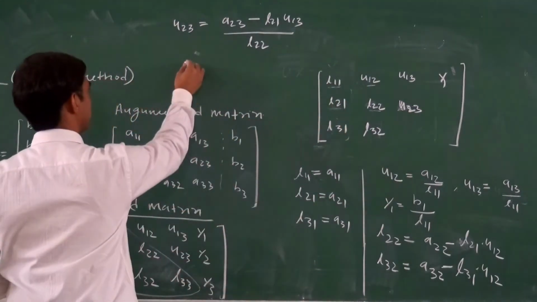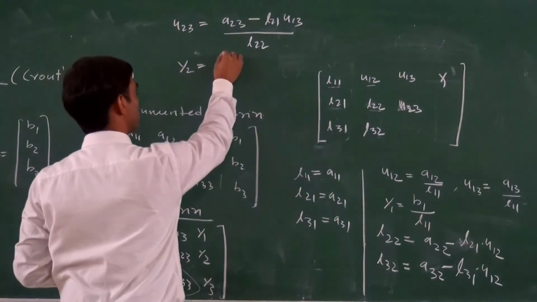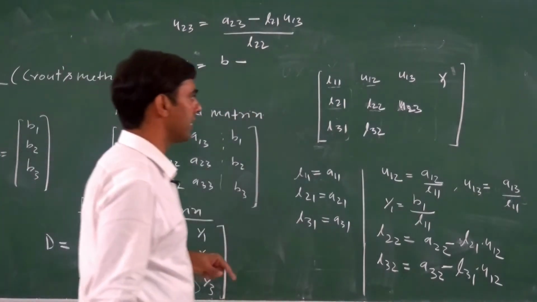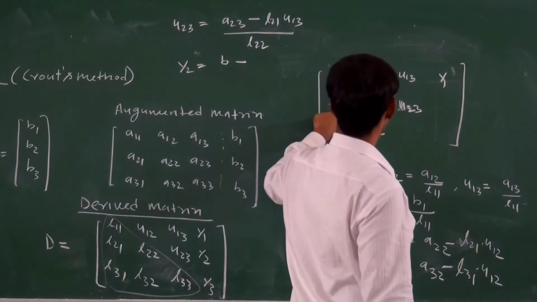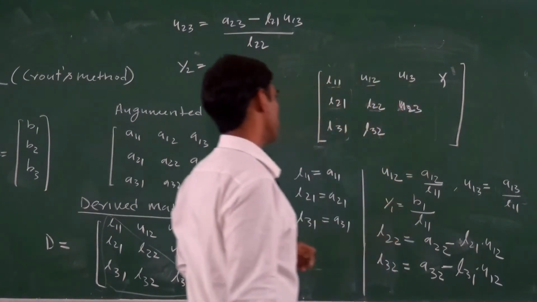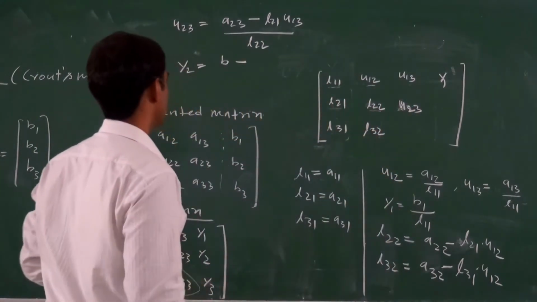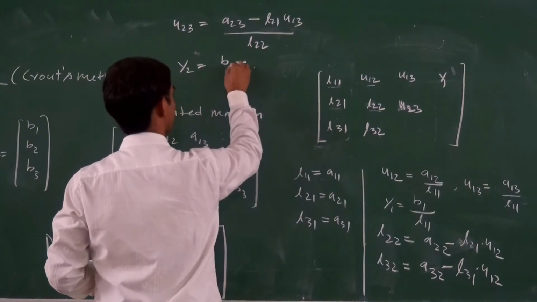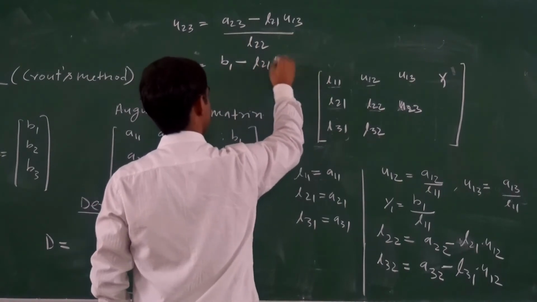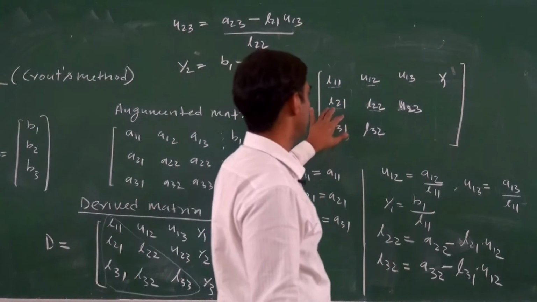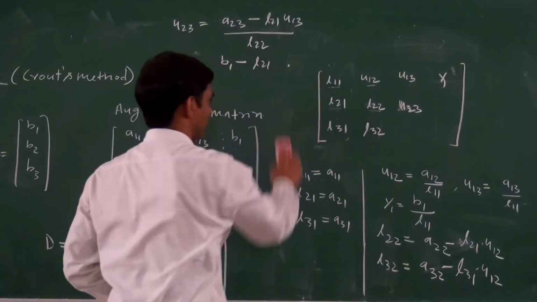Y2 can be found as the corresponding value in our derived matrix, B2, minus the inner product.